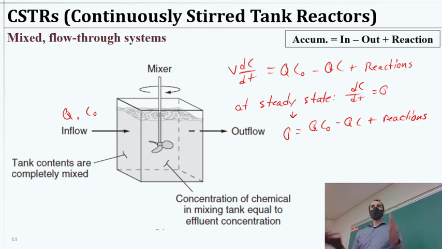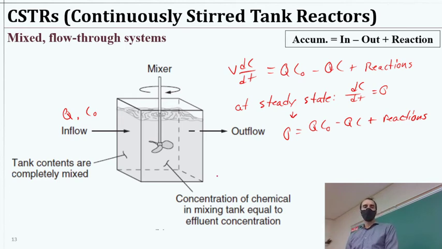So another thing we can do if we do have steady state, we can say that the inputs, and anything adding stuff into the system, any growth rates, are equal to the outputs and anything decaying the stuff.